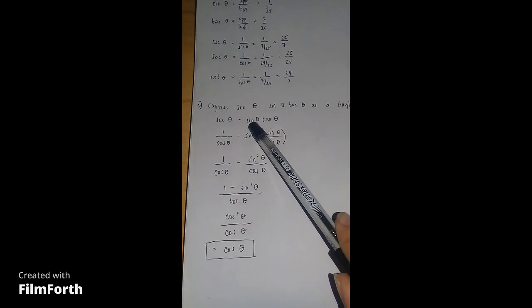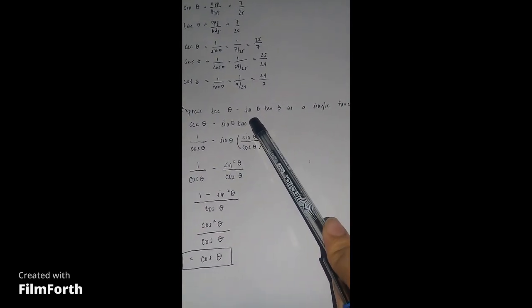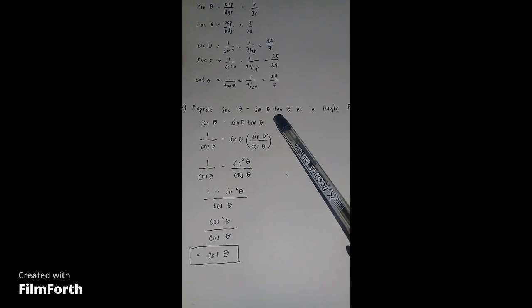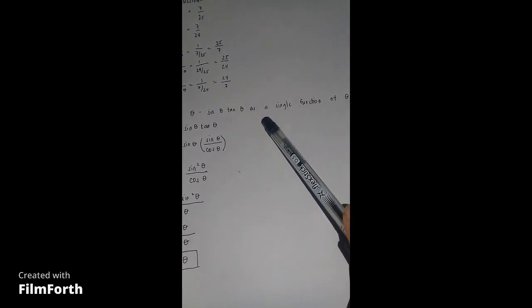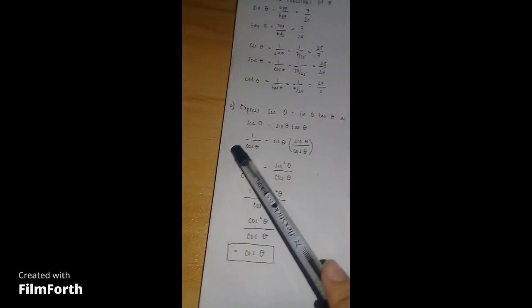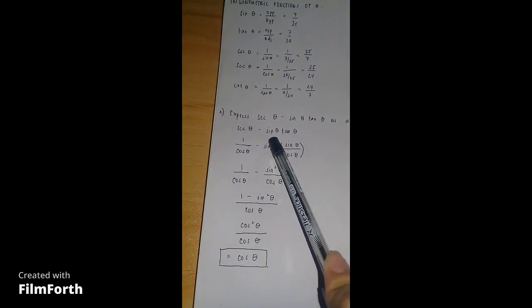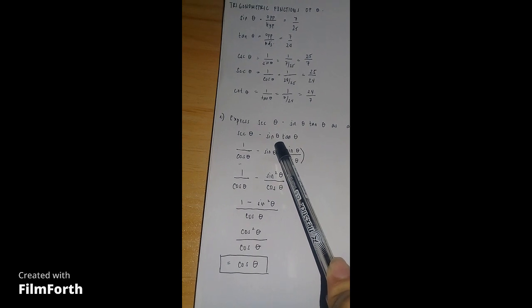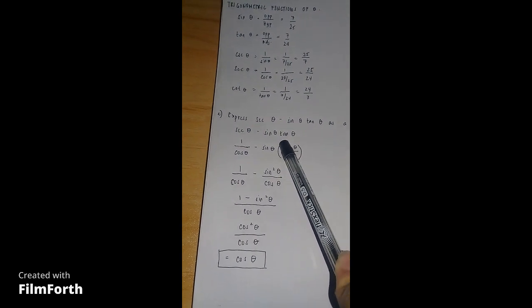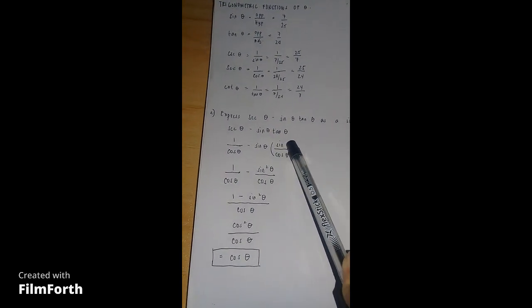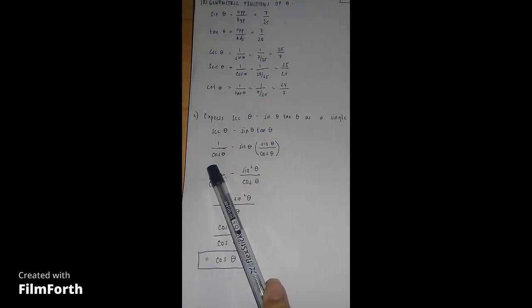So let's go to number 2. Express secant theta minus sin theta tan theta as a single function of theta. So secant theta minus sin theta tan theta, this is our formula.